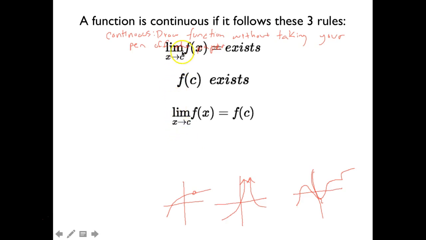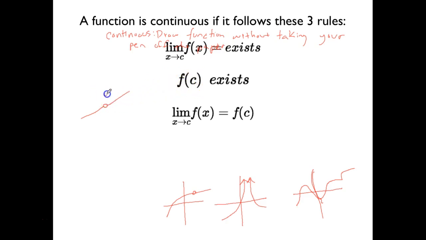Remember, limits mean that you're approaching something, and here I can explain this real quick. Limits mean that you're approaching the same thing as you approach from the left and you approach from the right. Now, remember, that means you can also have a hole there and it still has a limit. This has a limit here. F of c means that there is a point.